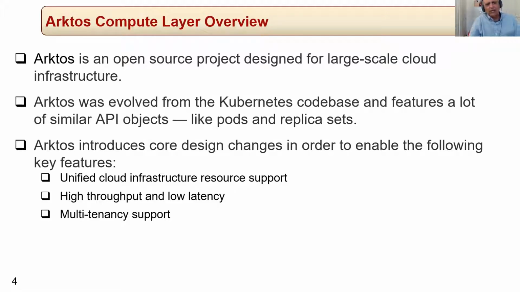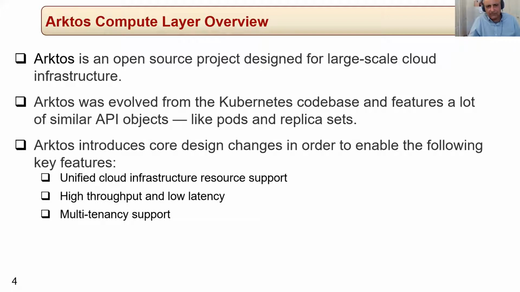As I mentioned, we made major enhancements to upstream Kubernetes to enable the key capabilities of our platform, which you don't find in Kubernetes or OpenStack. First, the unified cloud infrastructure resource support, which we'll get into. Then high throughput and low latency, the scalability aspect of our platform.